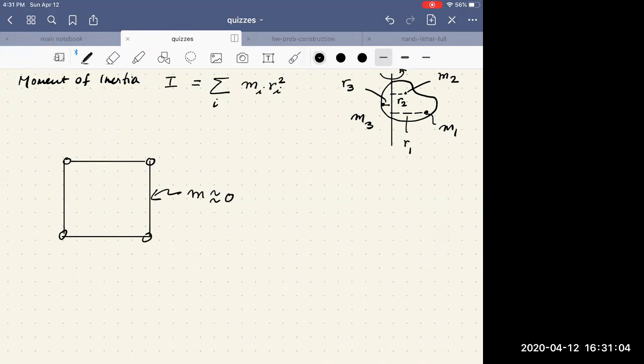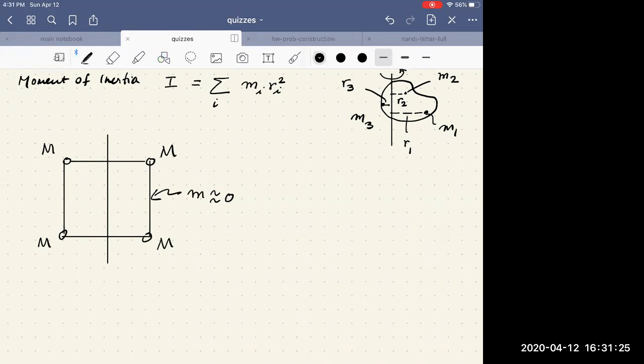And these masses, let's call them big M. So they're the same in magnitude. And let's say I draw an axis here. Let's say the axis is about the center, right about like this. It can be vertical or horizontal. The calculation doesn't really change.